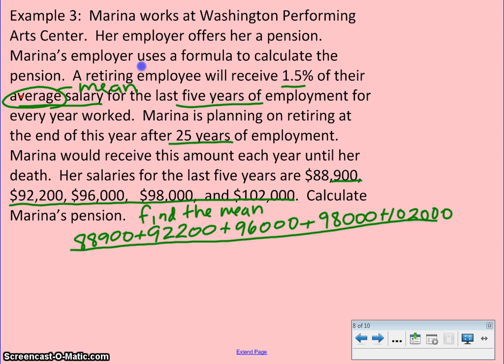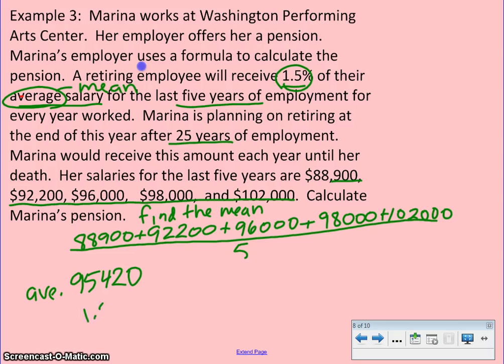I'm missing a 0 here. So we're going to divide that whole thing by 5. And we find that her average over the last 5 years is $95,420.